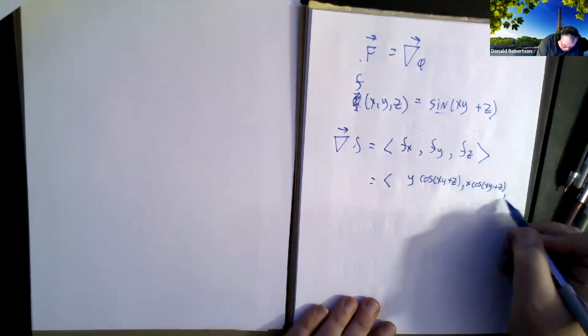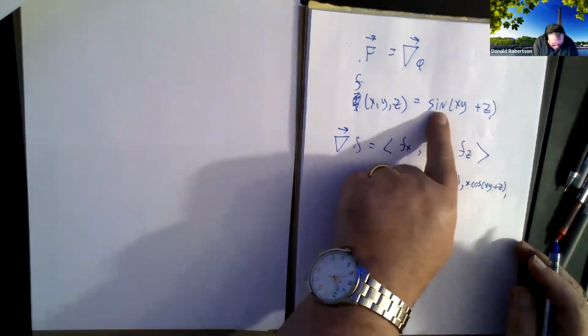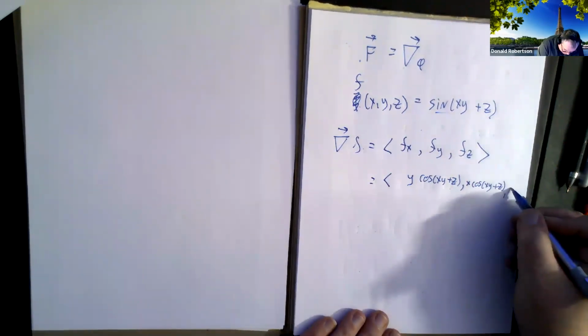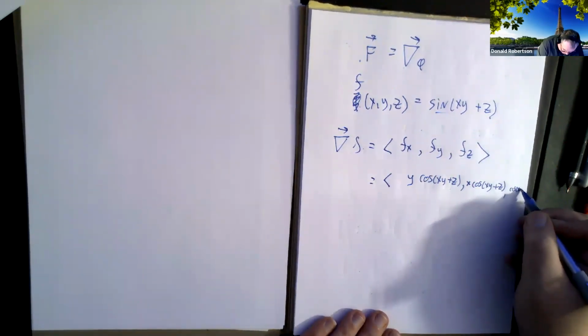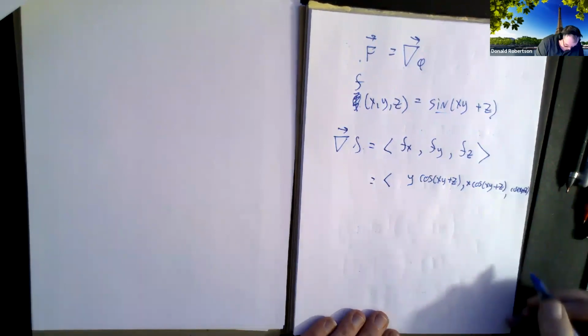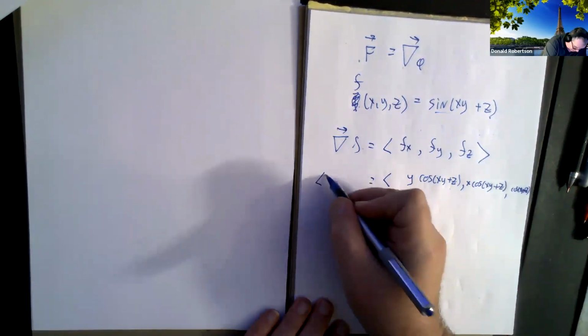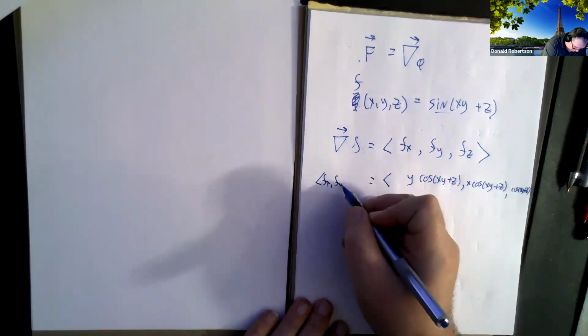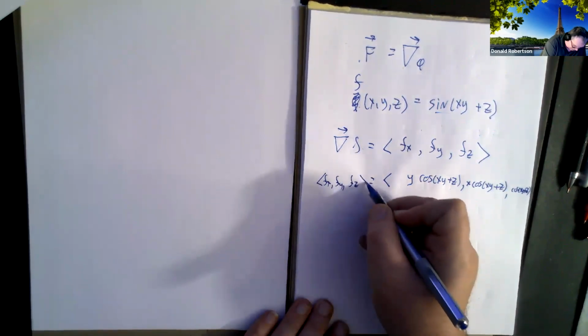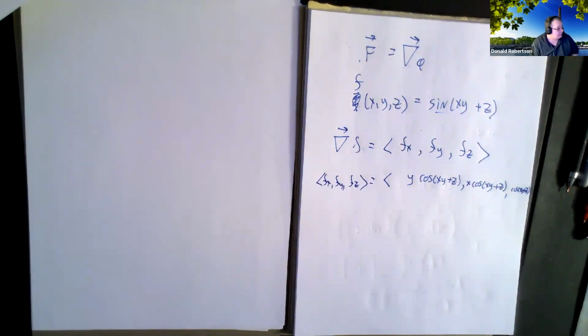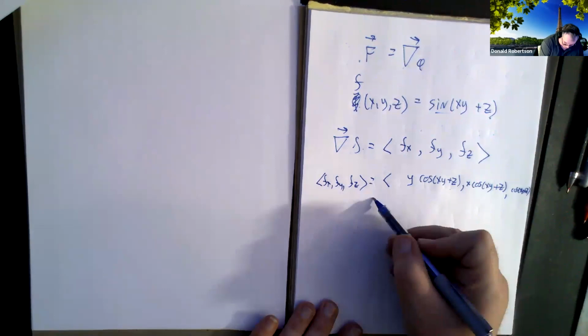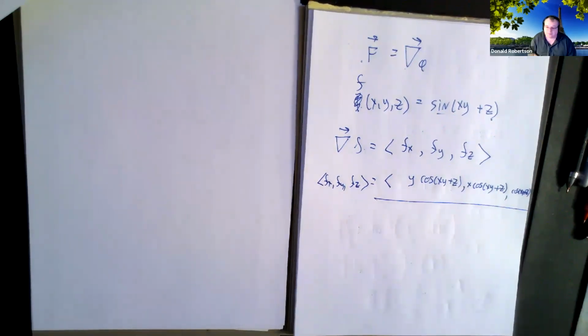If I'd planned ahead, I would have given myself more room. And if you do this one, you just get a cosine of xy plus z. So that would be f x, f y, f z. And that's pretty much the answer. That's all.